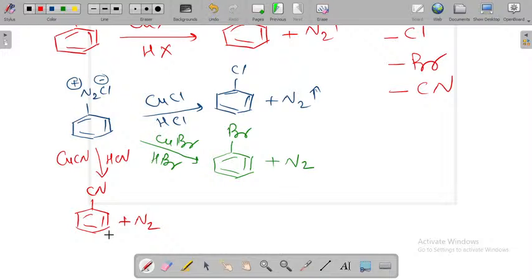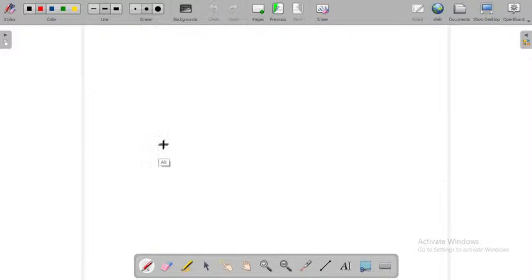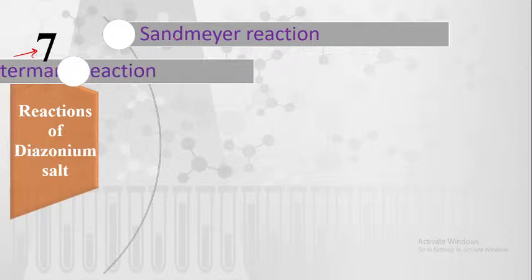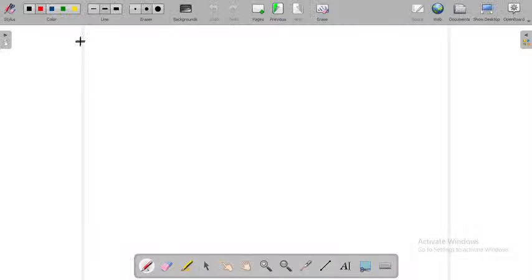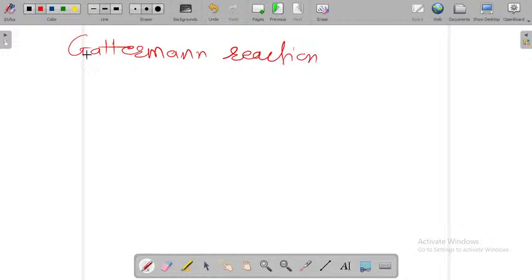Okay, we'll see the next reaction. The second reaction is nothing but the Gattermann reaction. Okay, let us see what this Gattermann reaction is.